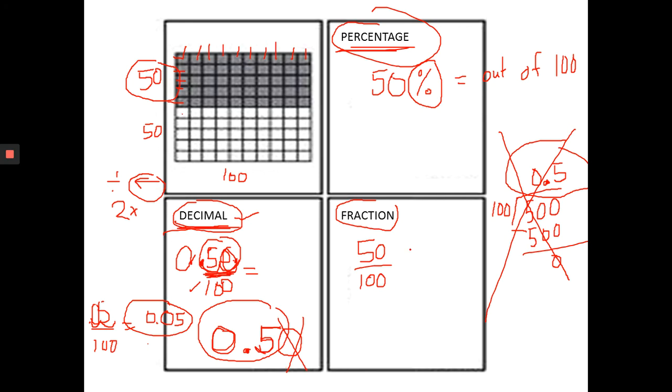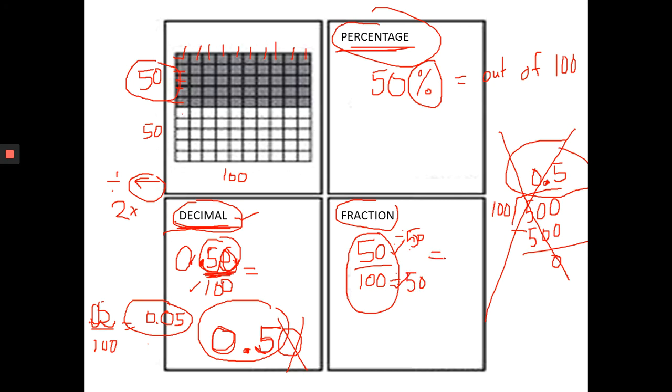Right, now for fraction, there are 50 black squares out of 100, but that is not yet the answer because we have to find the lowest term. So we have to divide 50 by 50, and also 100 divided by 50.